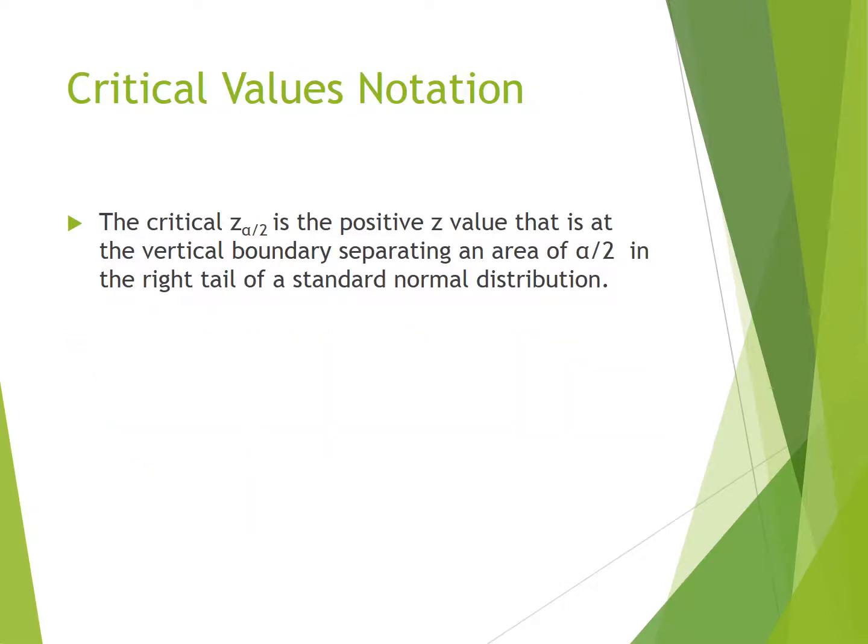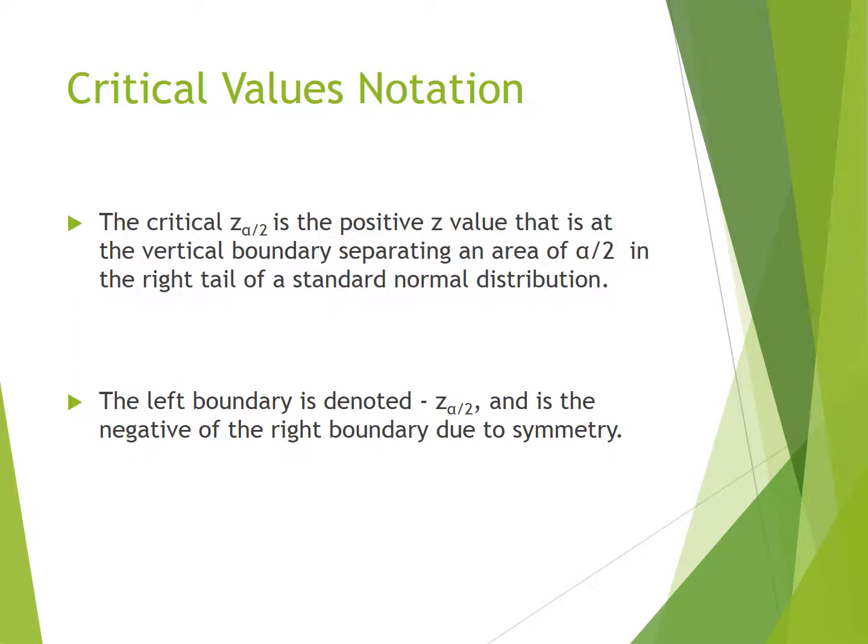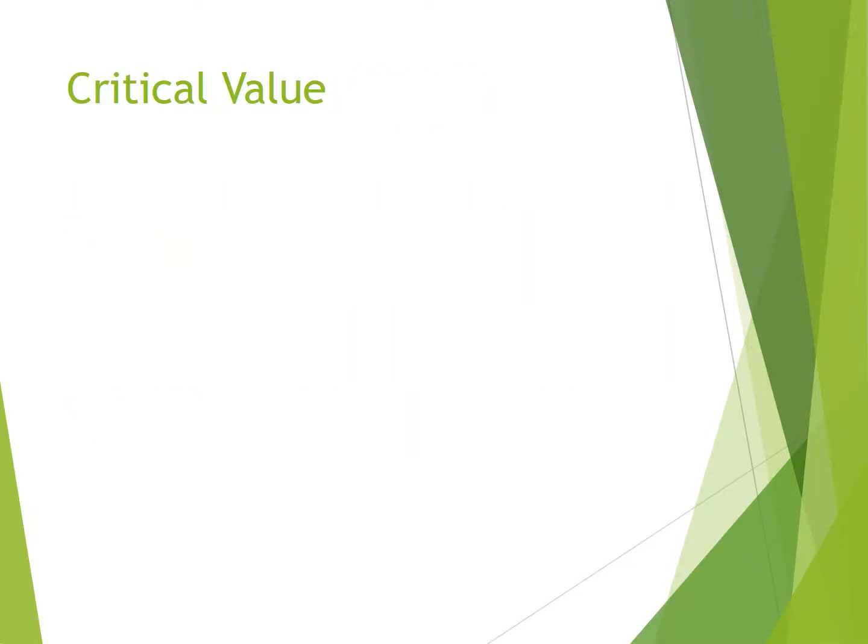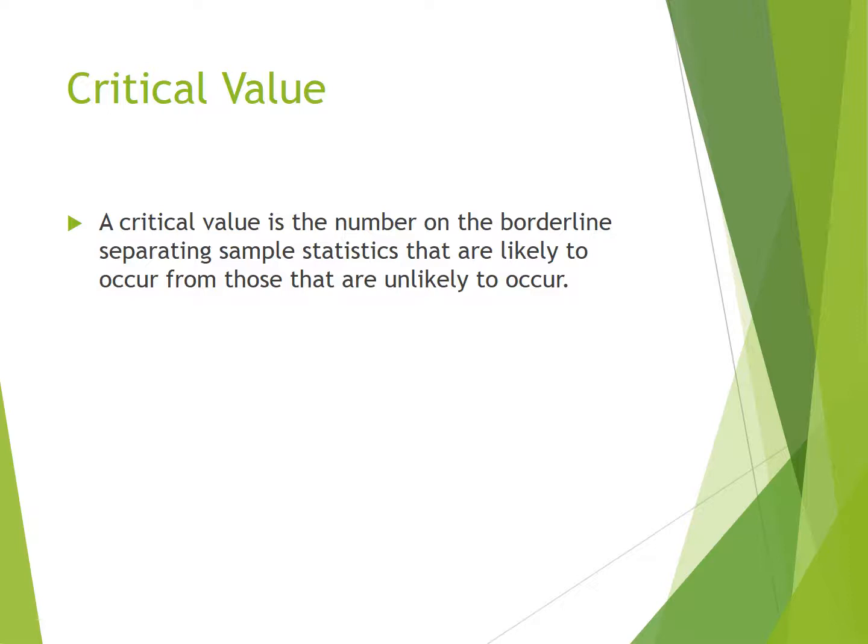Value notations: we have the z of alpha over 2, which separates the upper tail, and the minus z of alpha over 2, because remember z is symmetric about 0, so by symmetry it is the negative value, and it separates the bottom tail. Critical values are the values that are unlikely to occur.